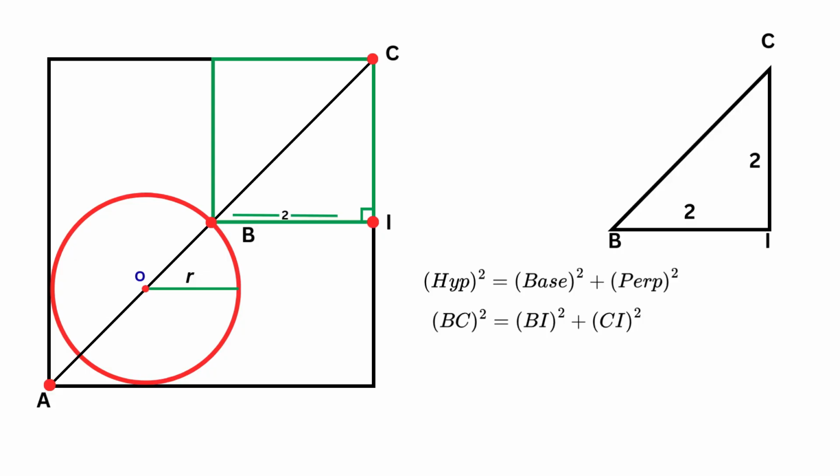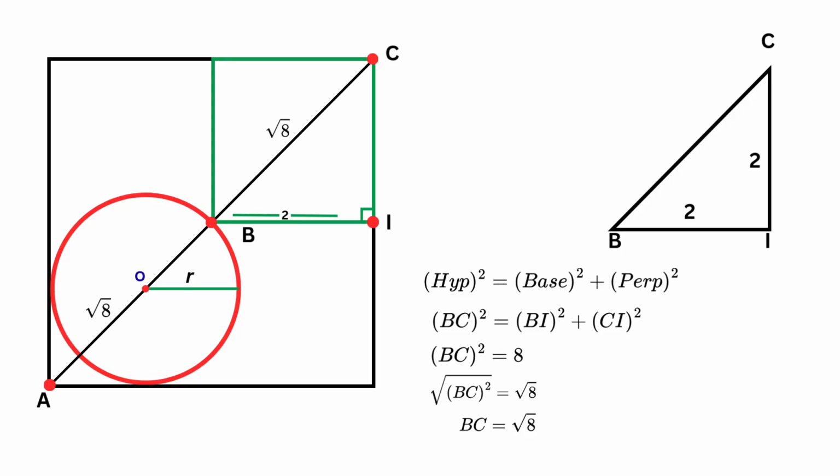So, BC squared equals BI squared plus CI squared. Putting in the values, BC squared equals 2 squared plus 2 squared, which equals 8. Now, we take the square root on both sides. BC equals square root of 8. Now, we know that BC equals AB, so AB equals square root of 8.